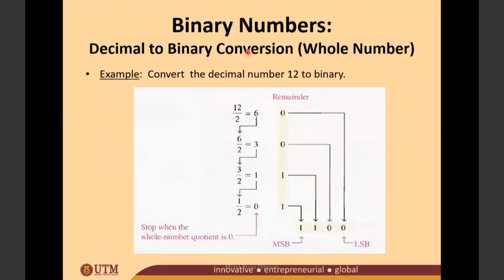Okay, so this is an example by using the division by 2 method. Okay, so this is for the whole number ya. Okay, di mana sekarang ni kamu ada 12 asas 10 nak dapatkan dia punya binary. Okay, so saya just skip untuk yang first method, saya dapatkan terus yang second method yang lebih laju. Okay, so kita gunakan dia punya weightage 1, 2, 4, 8, 16. So 16 definitely lebih, kosong lah.